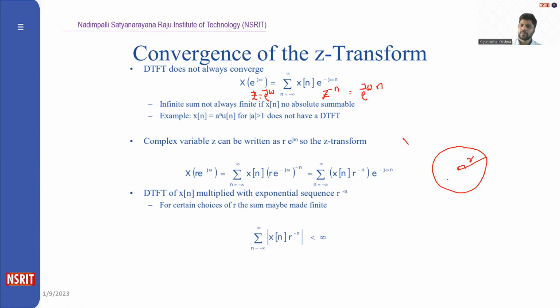If the Z transform exists, the convergence condition is that the summation of mod x of n r to the power of minus n must be finite.